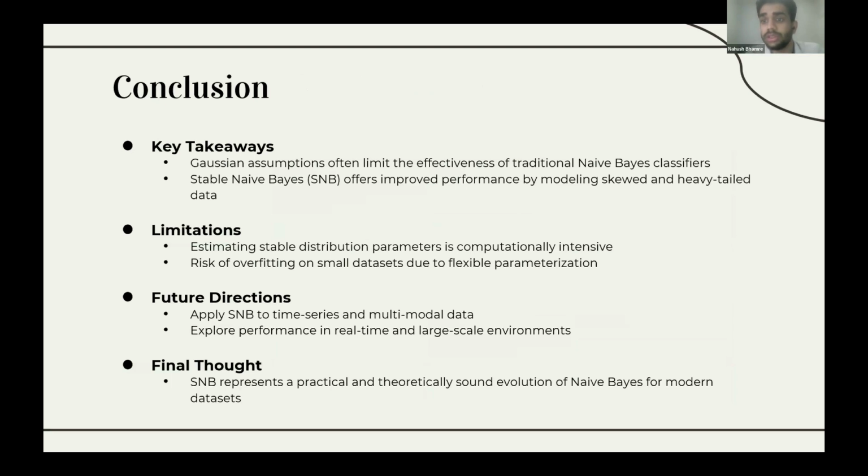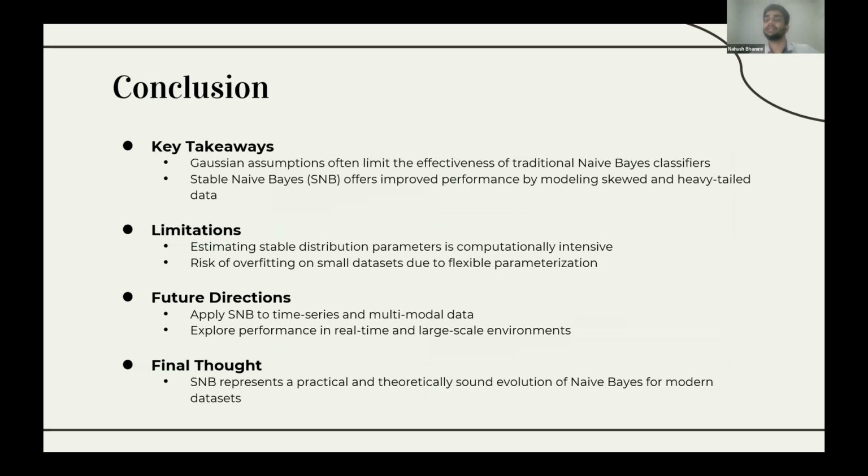So to conclude, the stable naive Bayes model provides a principled and practical extension of Gaussian naive Bayes. By replacing the Gaussian assumption with a stable distribution, the stable naive Bayes captures a broader range of data characteristics like asymmetry and fatter tails. This results in significantly improved performance across many real-world datasets.